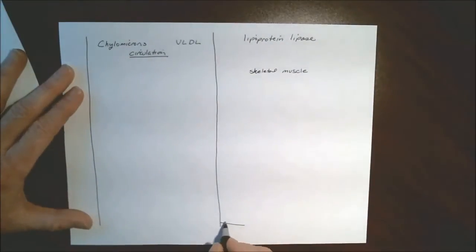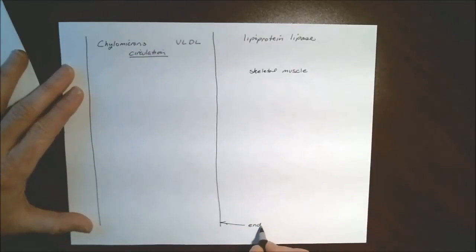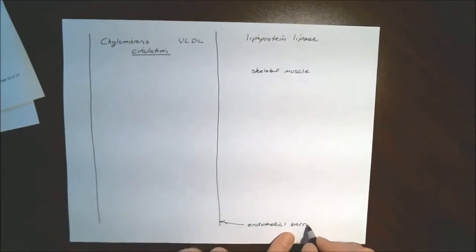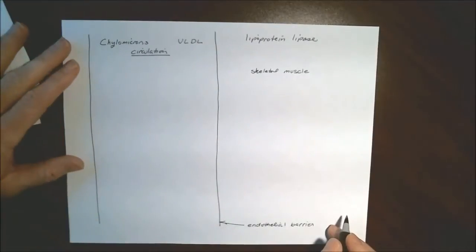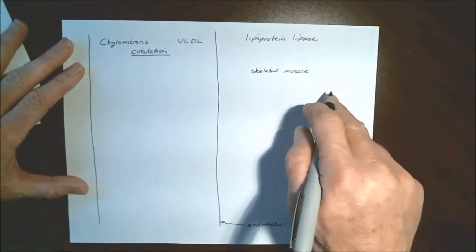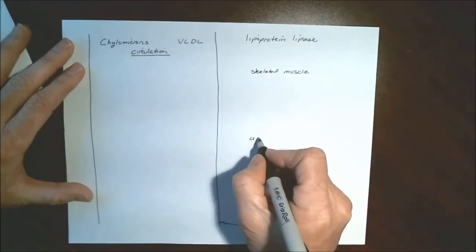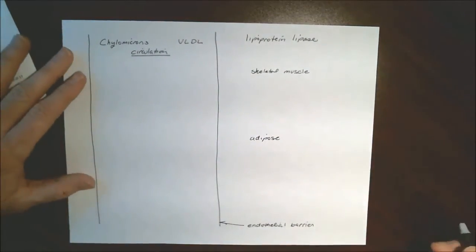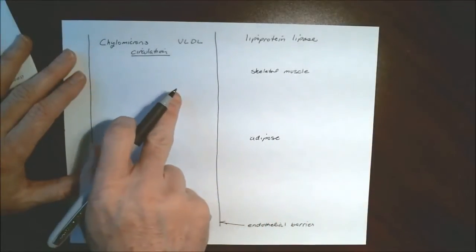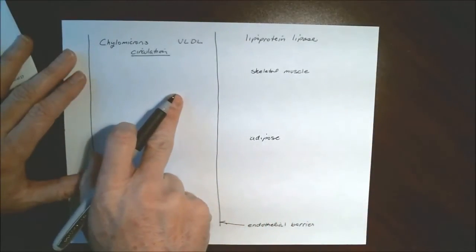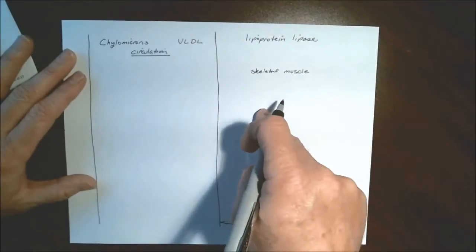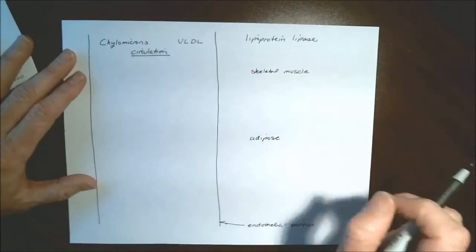This line represents the endothelial barrier that separates the circulation from the tissues. We have skeletal muscle in the tissues. We also have adipose in our tissues. And now the conundrum is that the fat is located in the lumen of the vessel, and it needs to get across the endothelial barrier and into the tissues.